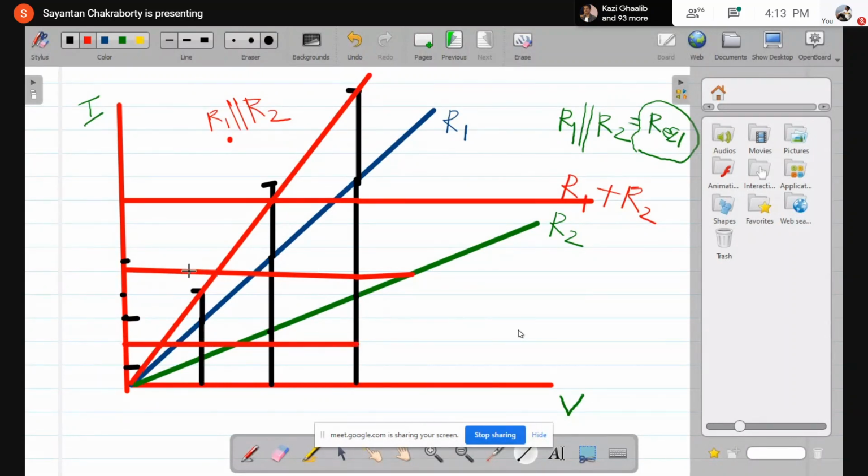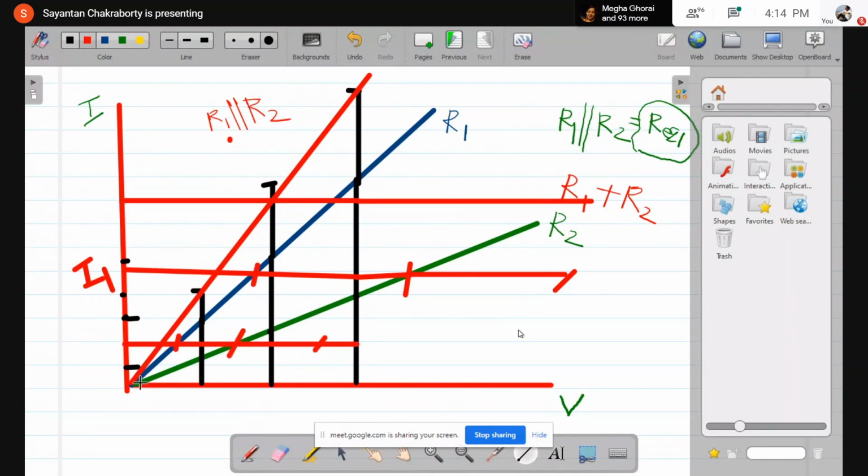So for this input, say I1, the total voltage drop across R1 series R2 will be the voltage drop across R1 plus the voltage drop across R2. So it will go something like out here. For this length plus this length, it will come something right here.